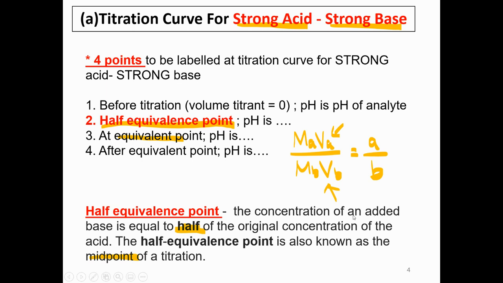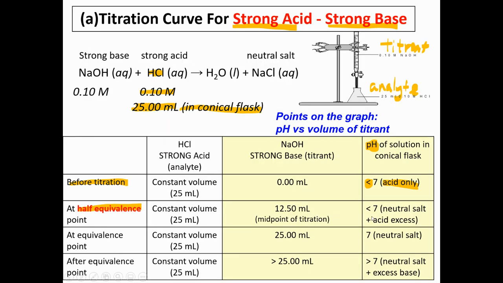It is when the concentration of added base equals half of the original concentration of the acid. Later I will show you how to use calculation, but because it is not neutralized yet, it is still less than 7.